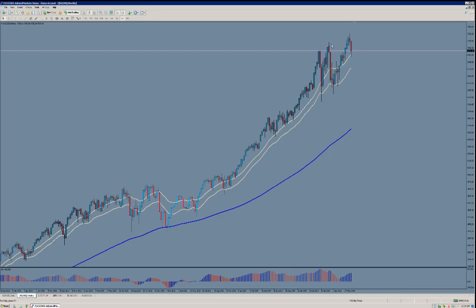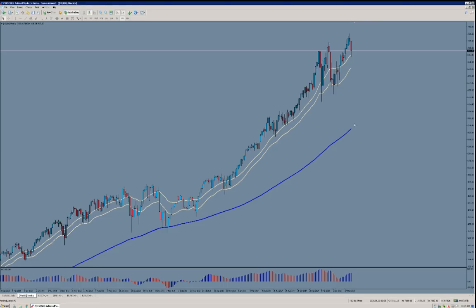Now I believe we're very close to a bigger correction, so I do believe that this price is now going to come back down to the moving average, the long-term one, and most likely possibly break it. It might start to get really messy here. The moving averages might start to interlock for a while.